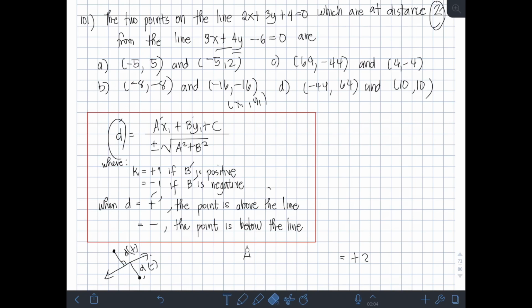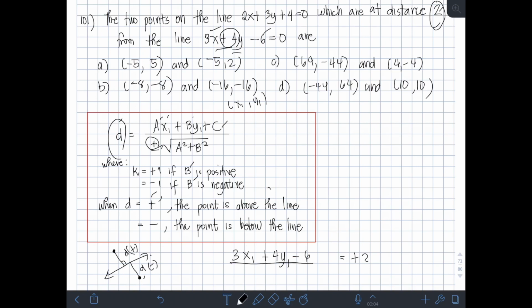So substitute na natin, yung A is itong 3, numerical coefficient ng x. So, 3 times, unknown yung hanapin nating point, right? So, x sub 1 plus, so, mapapansin nyo, positive yung B natin. So, therefore, gagamitin natin dito sa denominator is positive. So, copy B, 4, then y sub 1, yung hinahanap na y coordinate, minus 6, yung C natin.